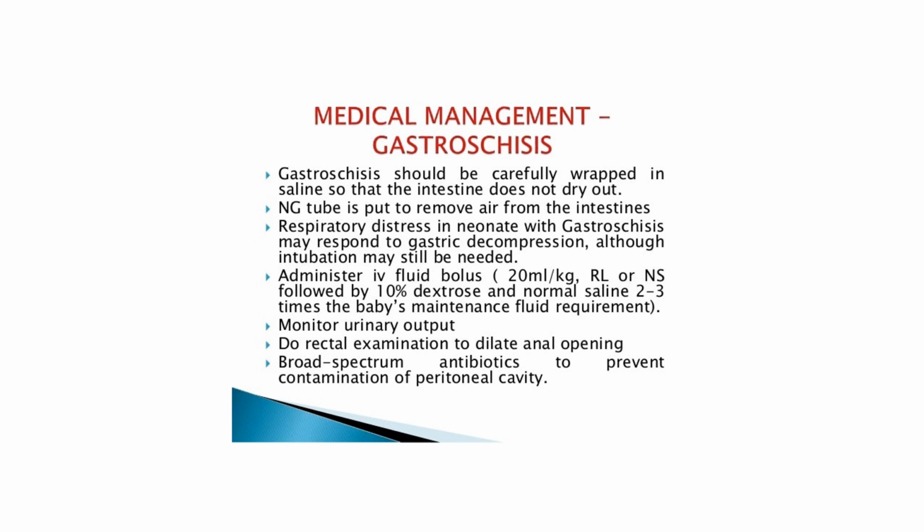Okay, next, with the help of an NG tube, we should remove the air from the intestine, and we should always administer IV fluids to maintain the electrolyte balance, and we should always monitor the intake and output of the gastroschisis baby, and we should always do a rectal examination to dilate the anal opening. Okay, so these are all the medical management of gastroschisis.